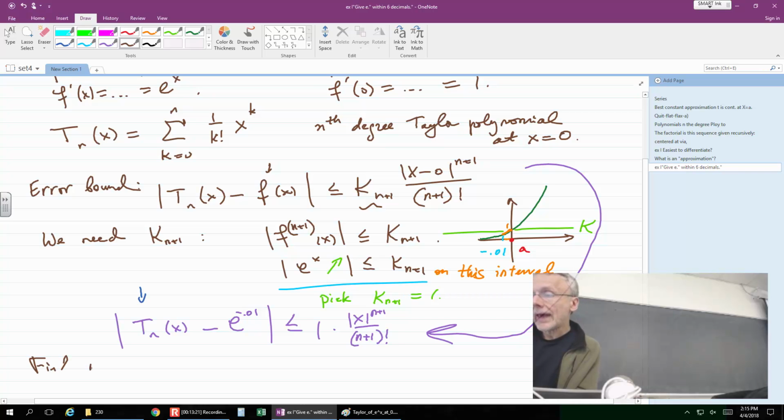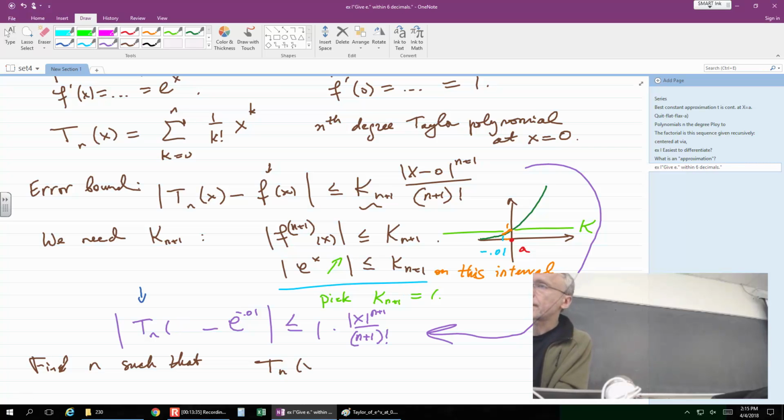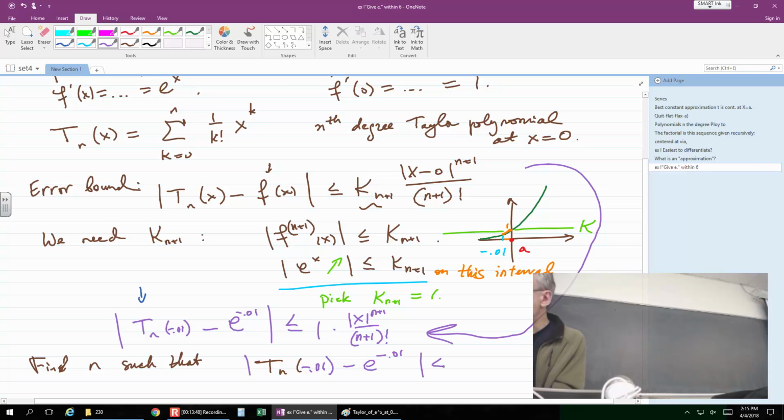Find n such that T_n at negative 0.01 minus E at negative 0.01 is less than, what is it? 6 decimals. So 10 to the negative 6.